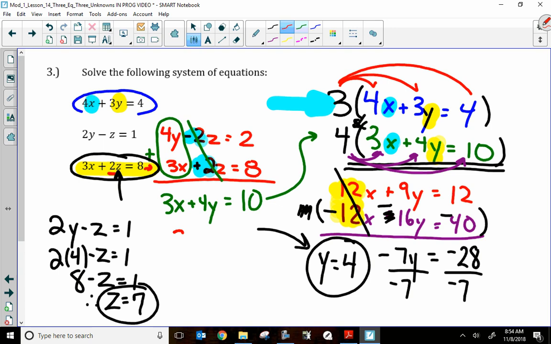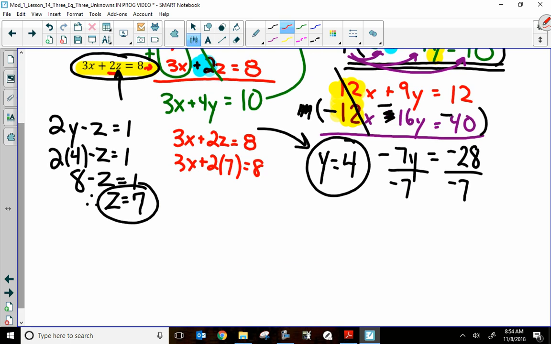So we have 3x plus 2 times z equals 8. So that's 3x plus 2 times 7 equals 8. Let's give ourselves a little bit more room. 3x plus 14 equals 8.